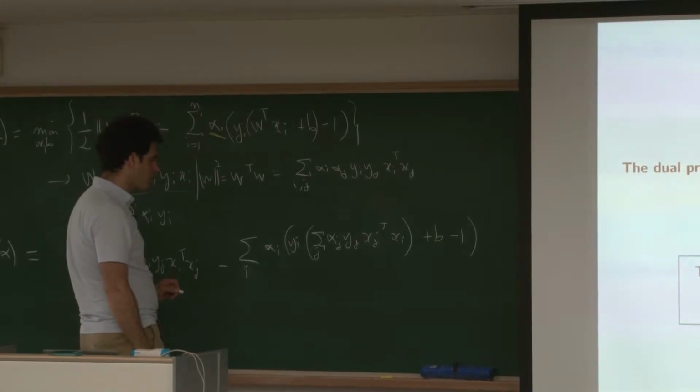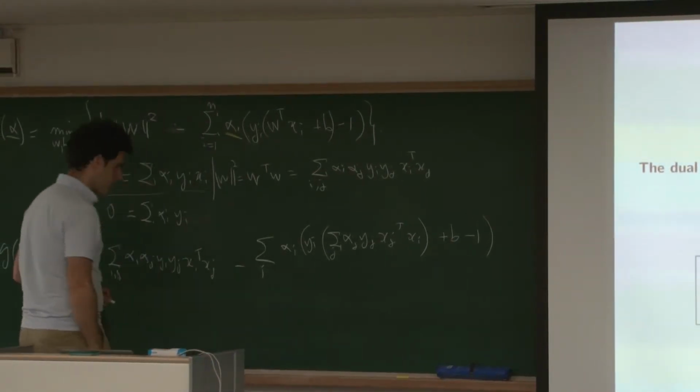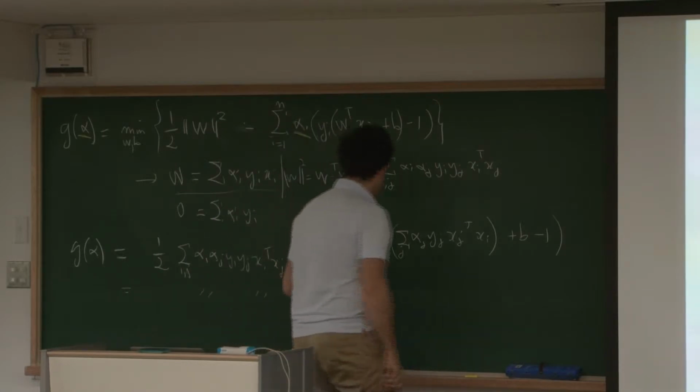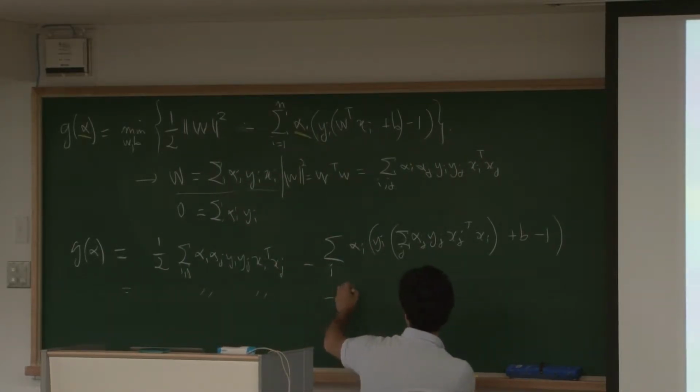Again, over i, j, alpha i, yi, alpha j, yj, xj transpose xi.